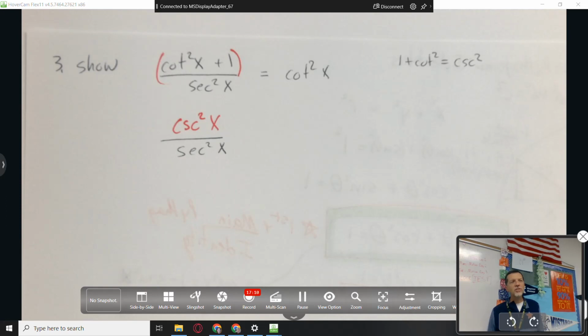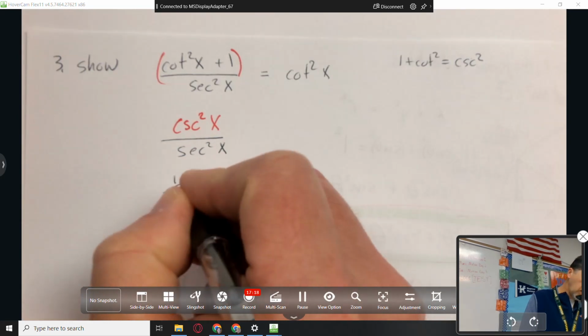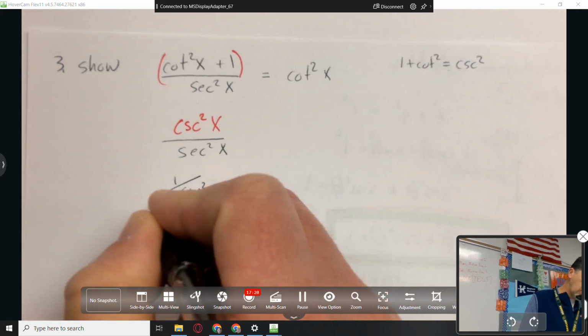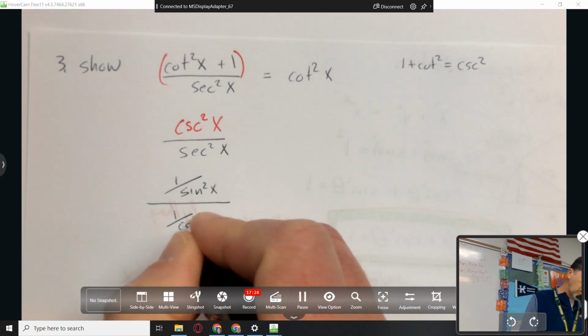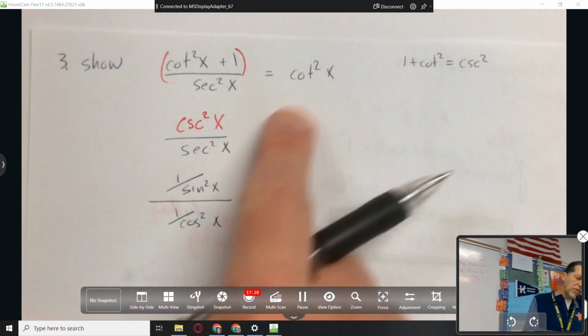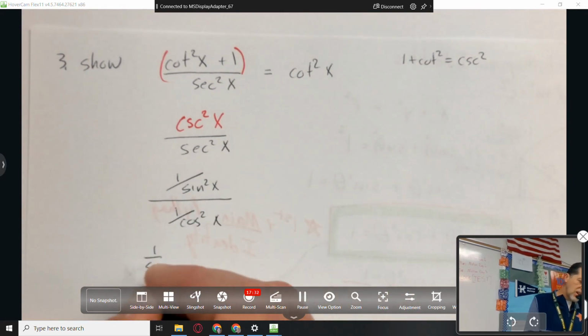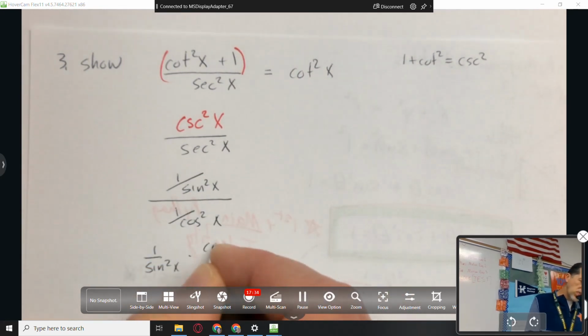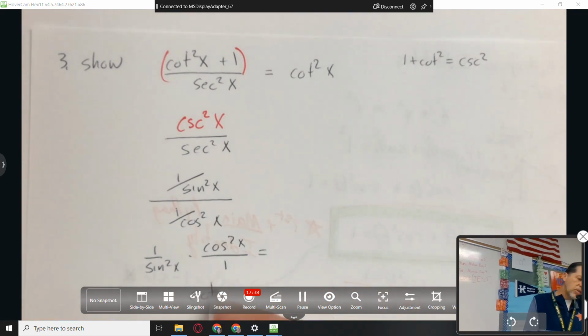I think I want to change this into sines and cosines, because then I'll recognize cotangent, hopefully. Let's see, cosecant squared is 1 over sine squared. Secant squared is 1 over cosine squared. And then if we keep it, change it, flip it, I think everything will be in the right spot, to be cotangent squared.